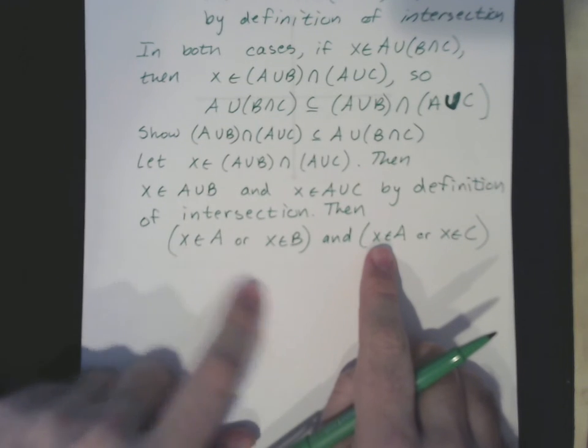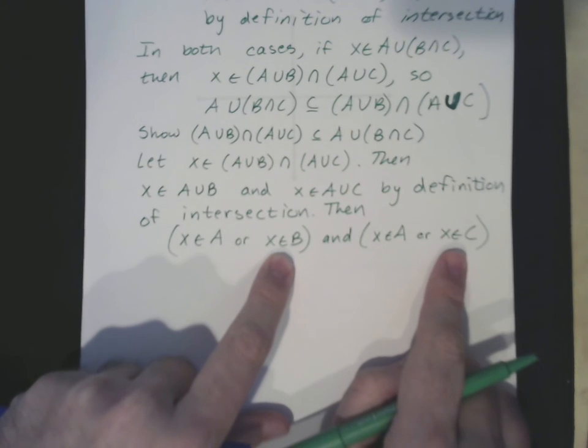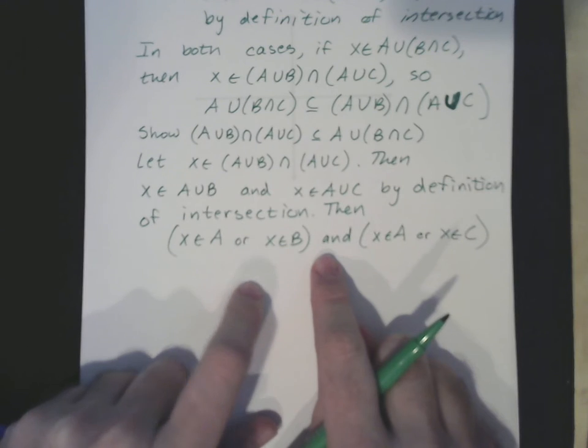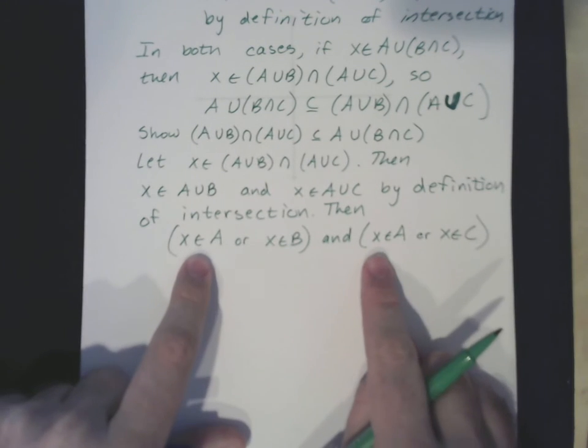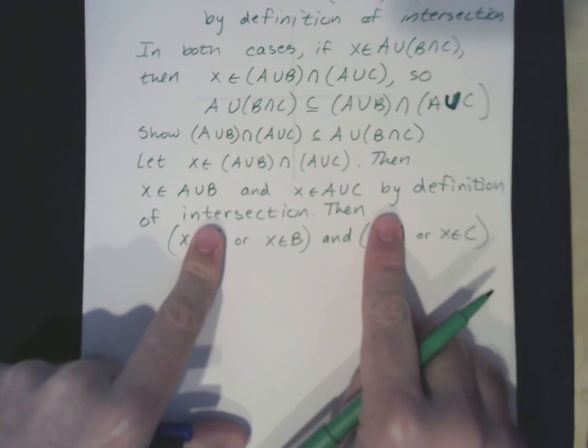And if X is not in A here and X is in B, then X is not in A here. So you see how that works? Since this is a conjunction here, if we're in A, then we're in A in both, because our A isn't changing. And if we're not in A, then we're not in A.